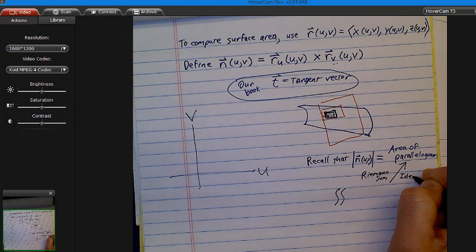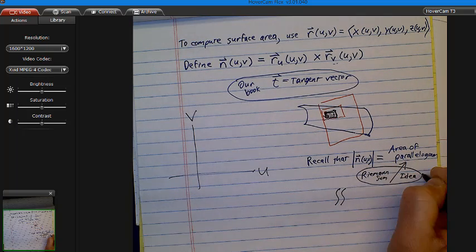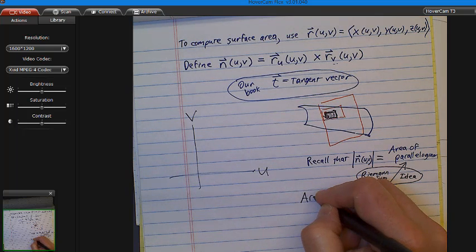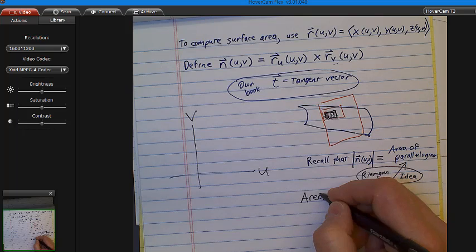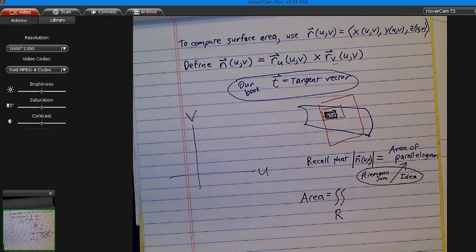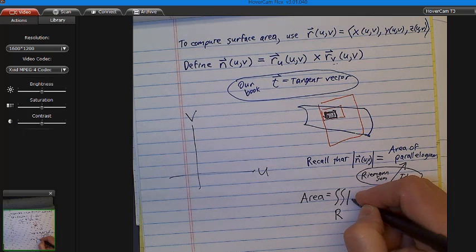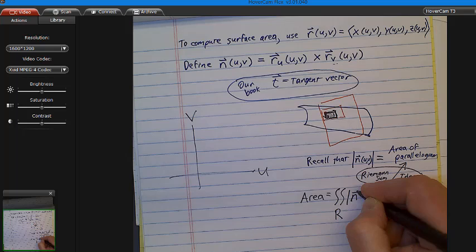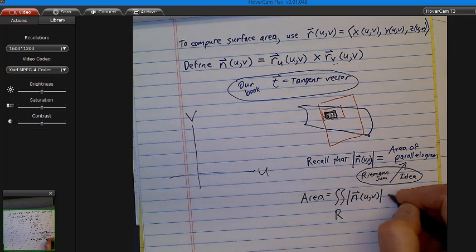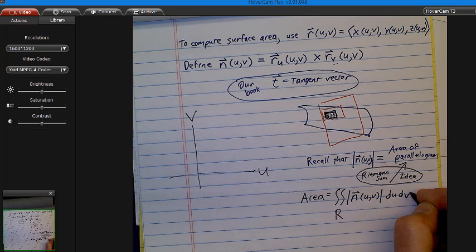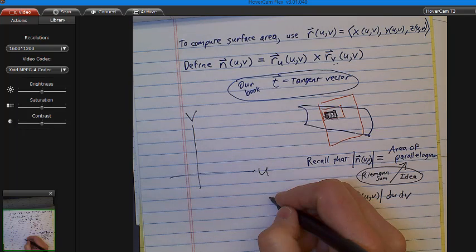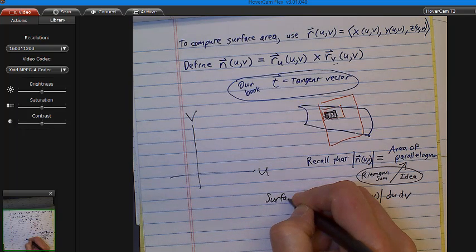I think that's honestly enough for our purposes to say that the area is going to be the double integral over R of the length of the normal vector of u, v, du dv, let's say. Okay, so this would be surface area.